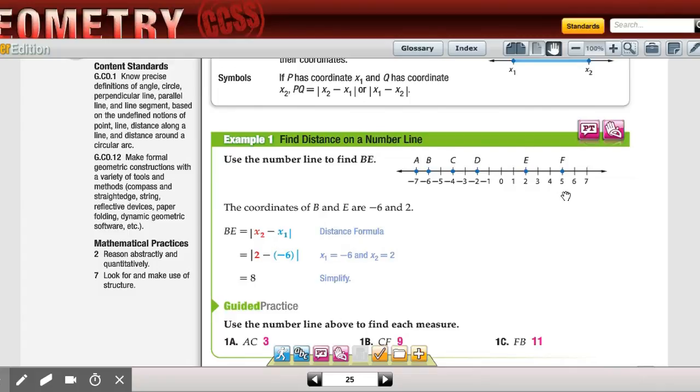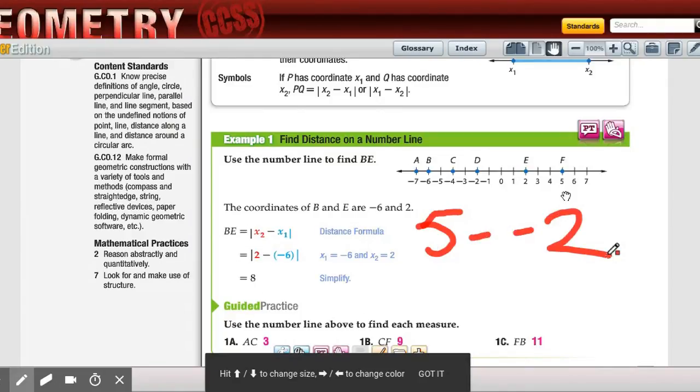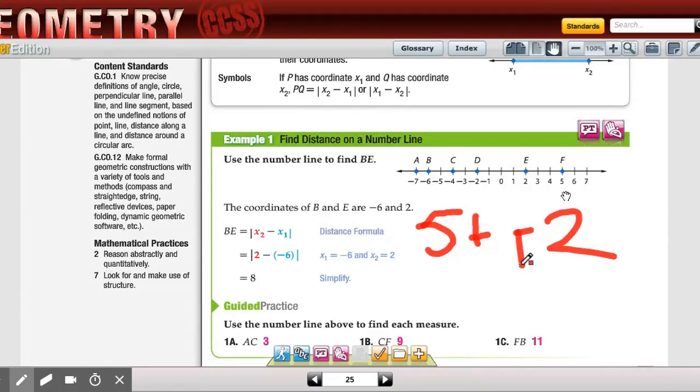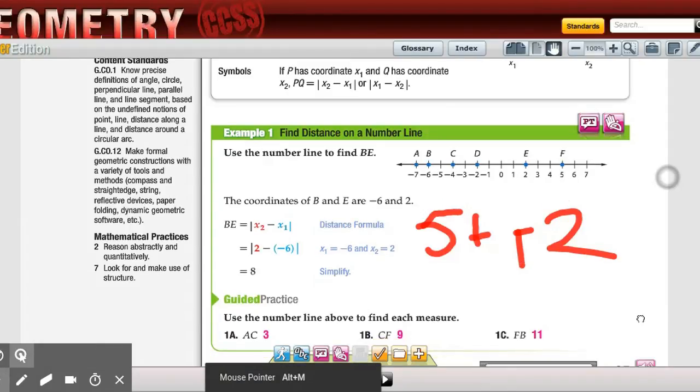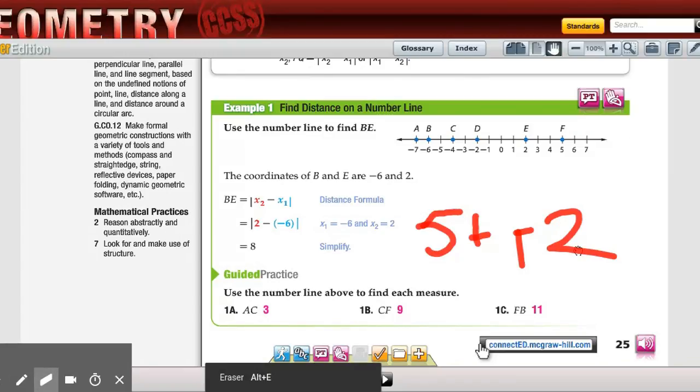So 5 minus -2 is really what they're saying, then you'd have 7. Distance is 7. Okay, so you just got to be paying attention enough that you can realize the distance.